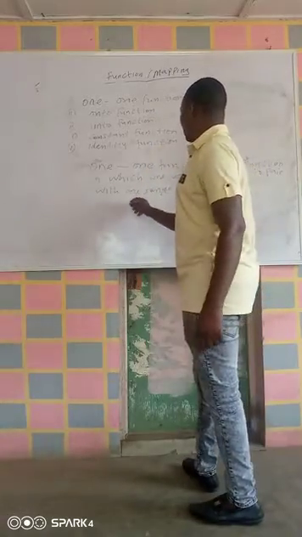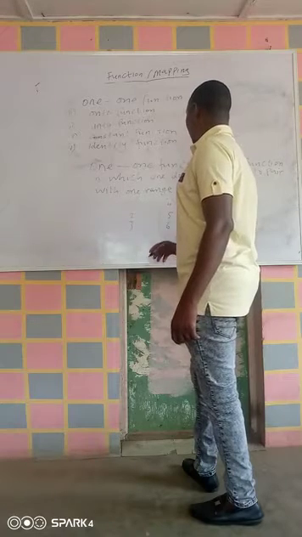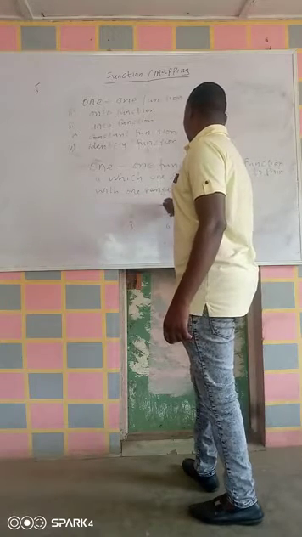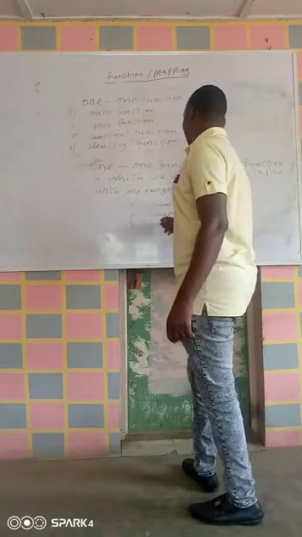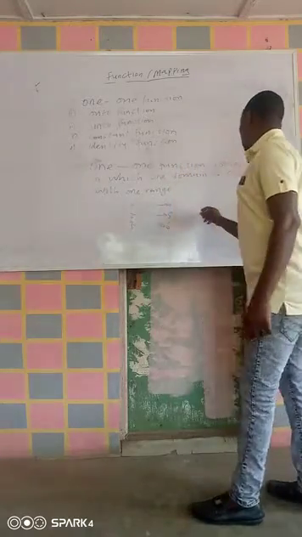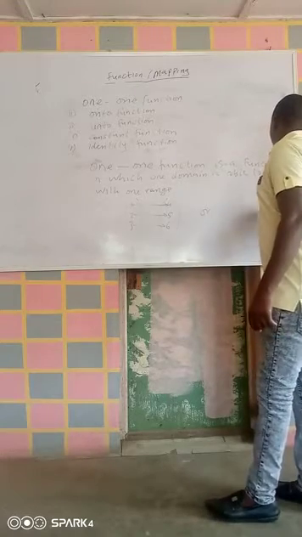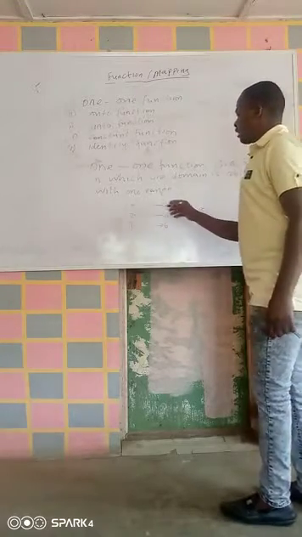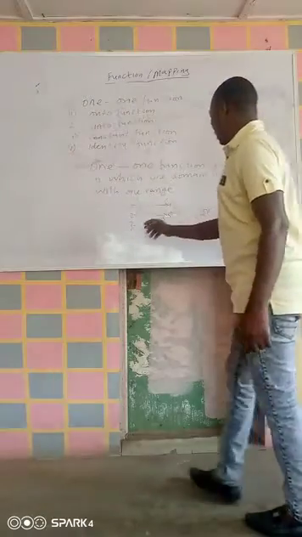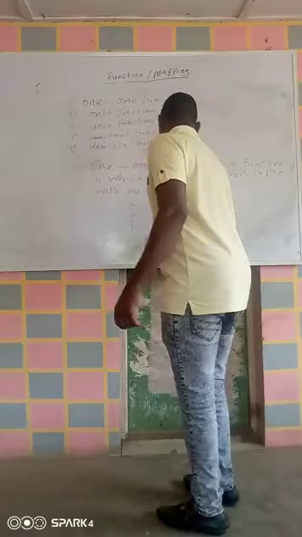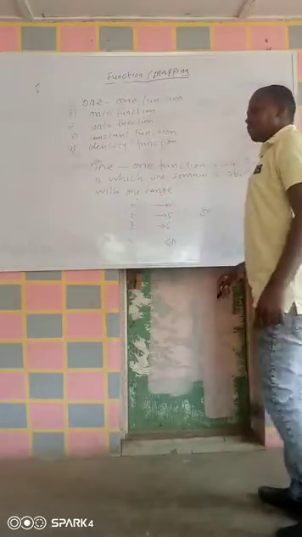For example, look at this arrow diagram. I have 1, 2, 3 and 4, 5, 6. Look, 1 is able to pair with 4, 2 is able to pair with 5, 3 is able to pair with 6. You can also have it in this way. It's not necessarily one opposite the other. I told you that this is the domain, D, and this is the codomain, CD. But because it's able to pair, you see its range.